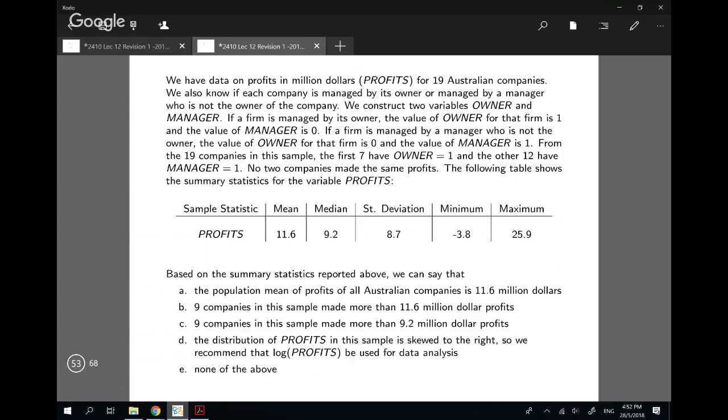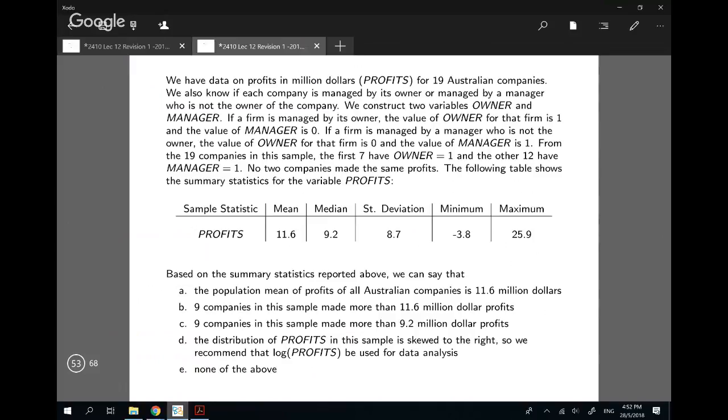A, B, C, D. One out of five. Any idea? A, B, C, D, C? C is it? Cow?